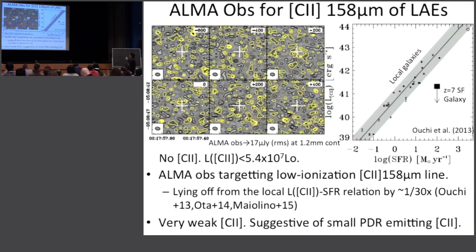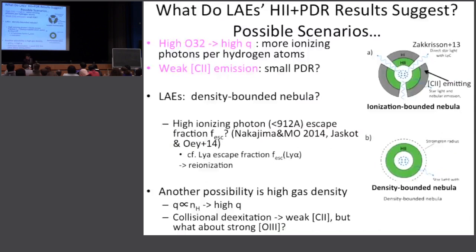But the redshift 7-ish Lyman-alpha emitters are about 30 times below this sequence. So it means there's a very weak carbon-2, which is suggestive of a small photodissociation region, which is where the carbon-2 exists.